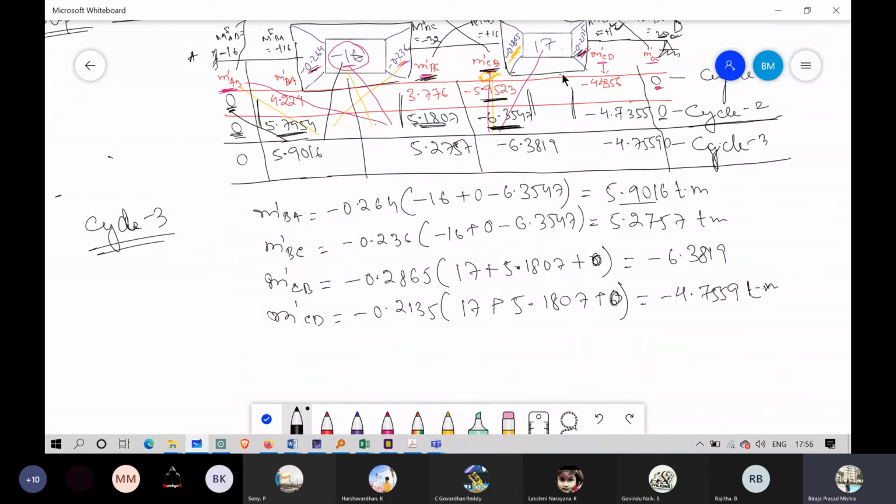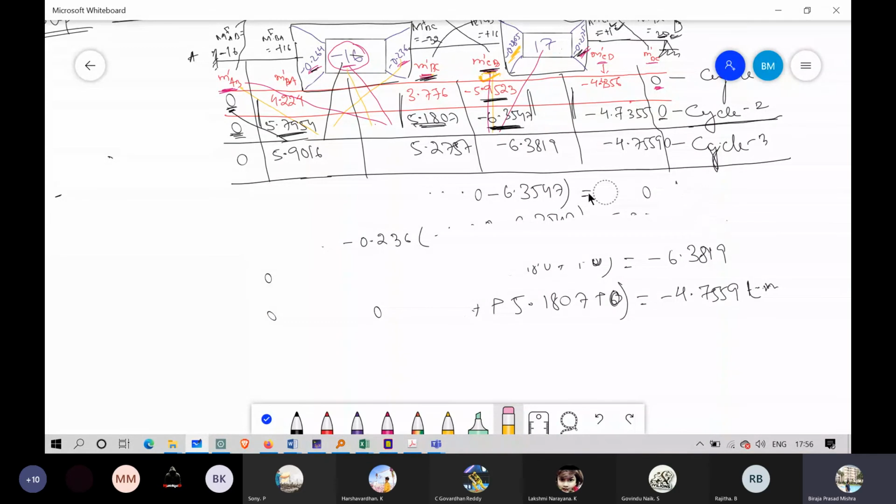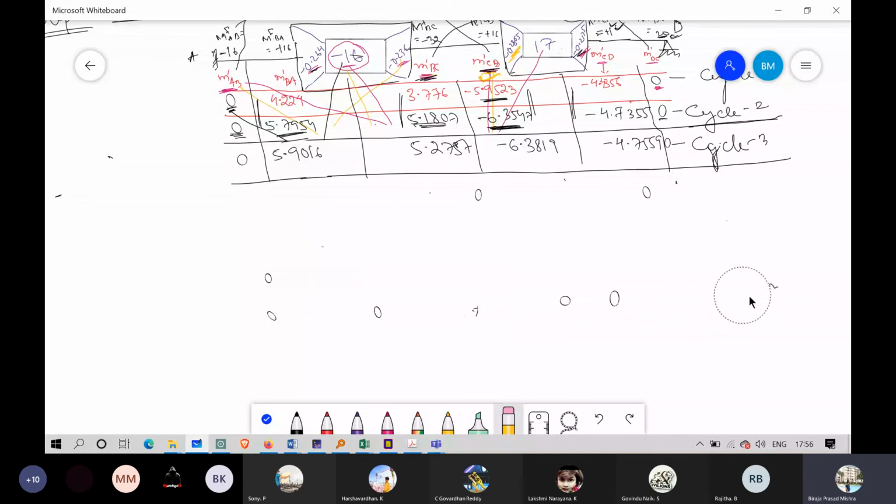You can make a line over here to differentiate. Still again there is variation in the values, so again we need to go for another cycle. I'm telling you from the starting itself, since I have solved this problem, we need to go till cycle 5.